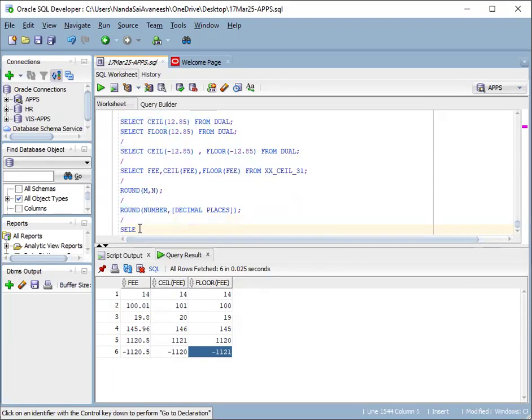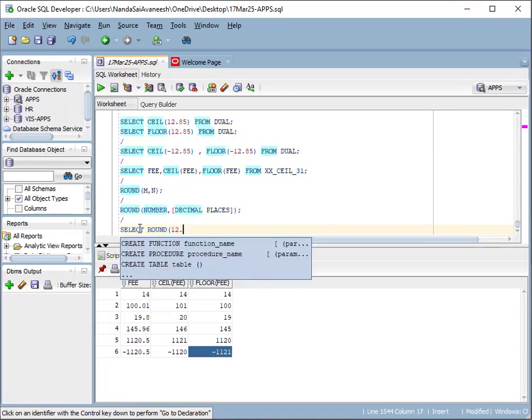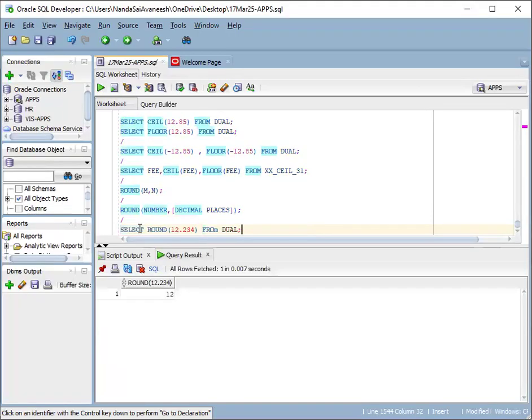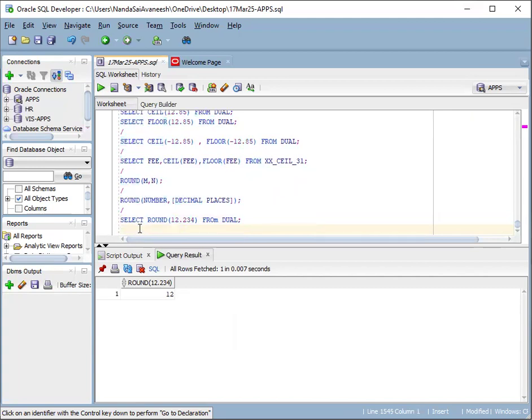Suppose select round of 12.234 from dual. Round means it removes the complete decimal part, and the output displays 12 only.